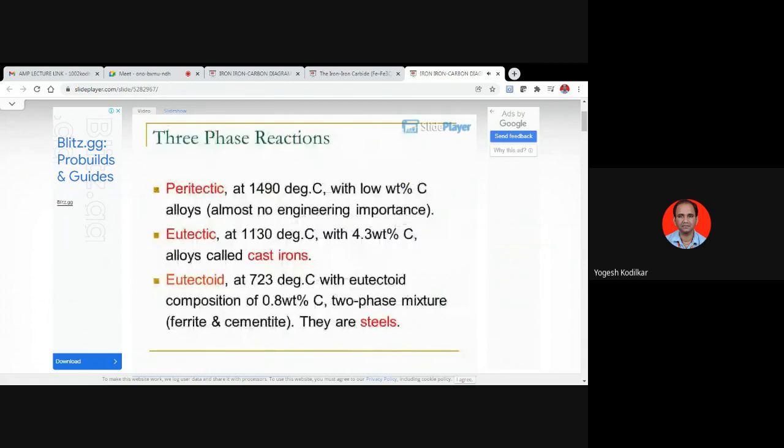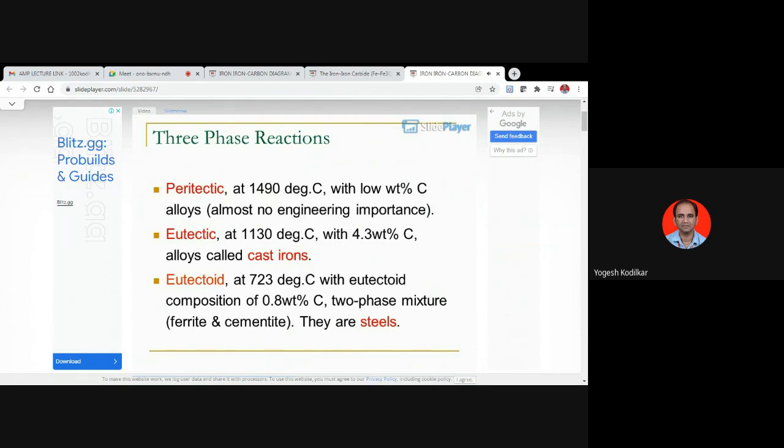Three-phase reactions. Peritectic at 1490 degrees C with low weight percent C alloys, almost no engineering importance. Eutectic at 1130 degrees C with 4.3 weight percent C alloys, called cast irons.